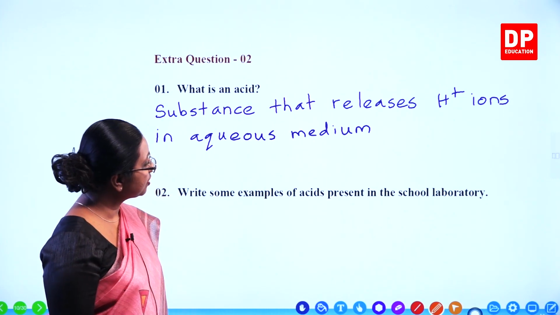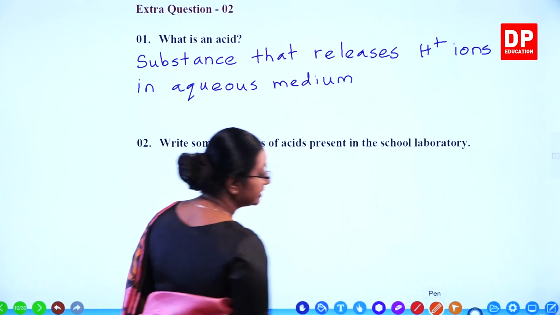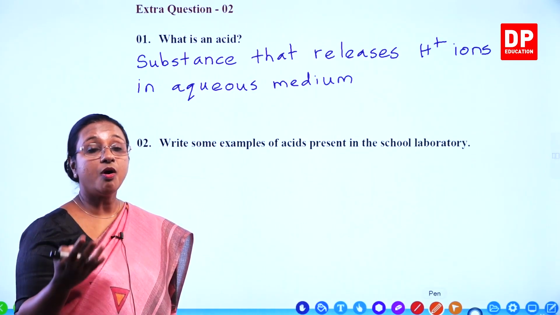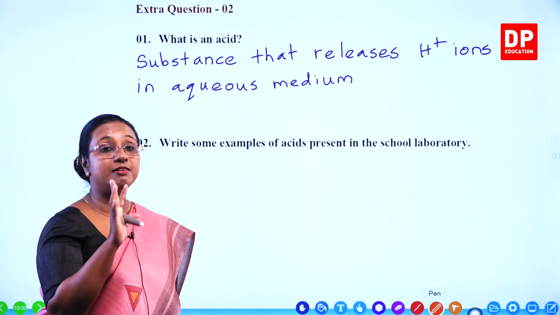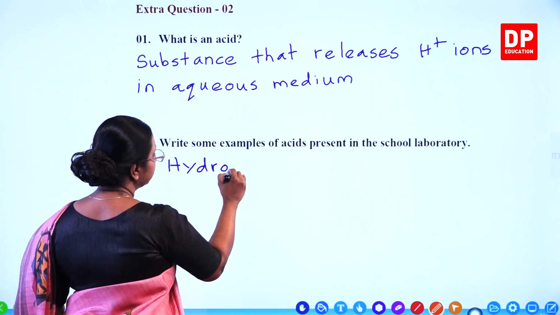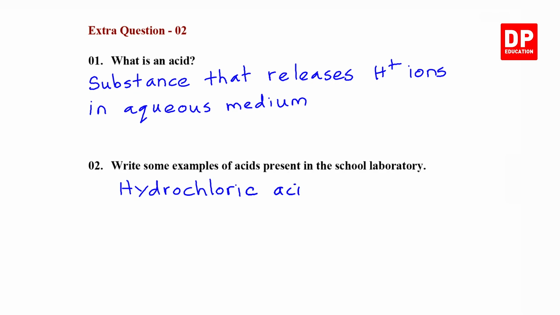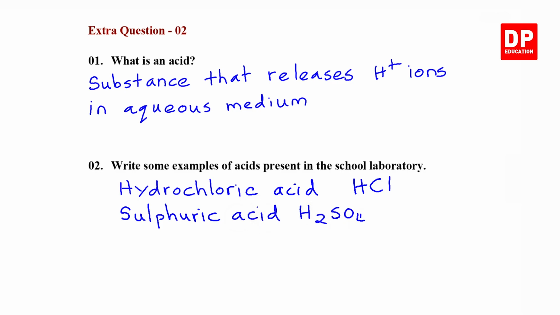Write some examples of acids present in the school laboratory. So, you know the acids. You can write the name or the chemical formulae. I will write both here. So, you can write hydrochloric acid, that is HCl. Then you can write sulfuric acid, H2SO4.